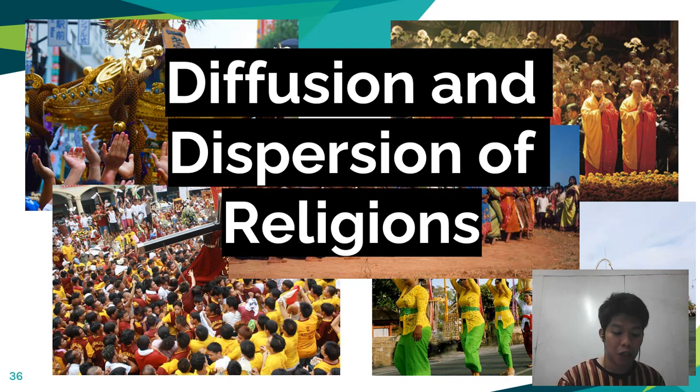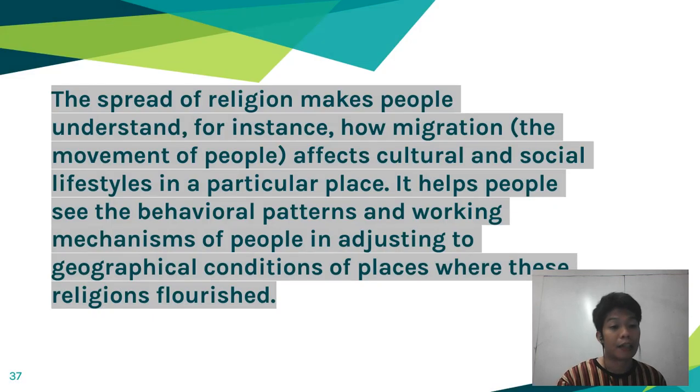Diffusion and dispersion of religions. The spread of religion makes people understand, for instance, how the movement of people affects cultural and social lifestyles in a particular place. It helps people see the behavioral patterns and working mechanisms of people in adjusting to geographical conditions of places where these religions flourish.